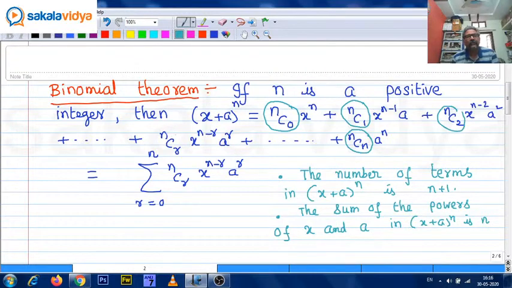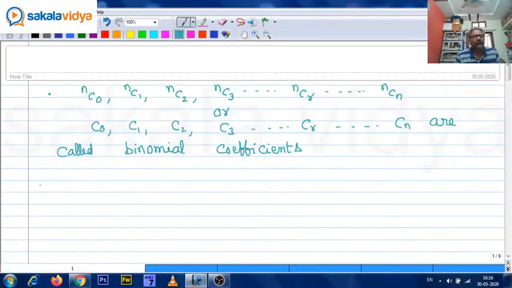So nCr is equal to nC(n-r). So that means, the next point is the binomial coefficients.